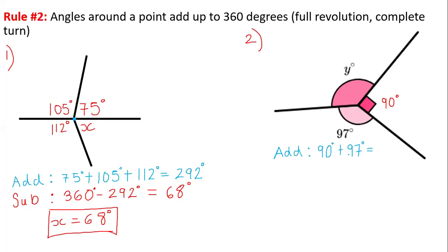What is 90 plus 97? That gives us 187. Very good, 187 degrees.